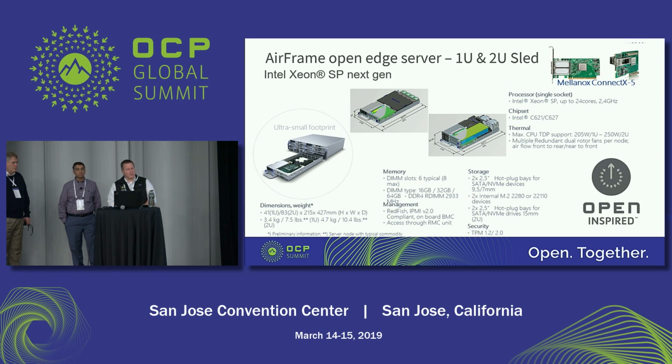So the sleds themselves, we have a 1U and a 2U sled. 1U is very compute intensive, doesn't have a lot of I/O or storage. If you need additional storage, additional acceleration capabilities, or additional I/O capabilities, the 2U sled will fulfill that need.